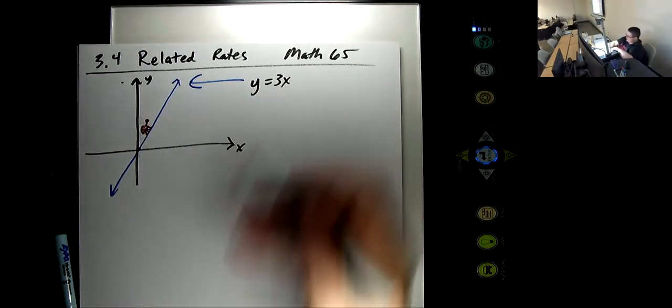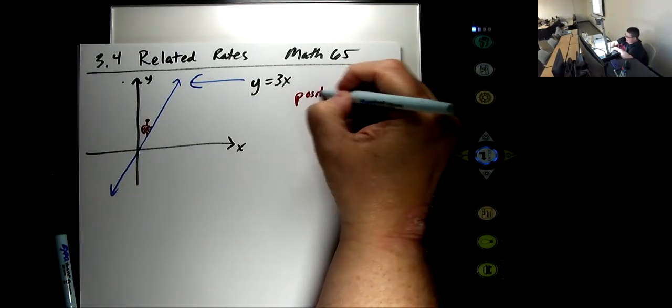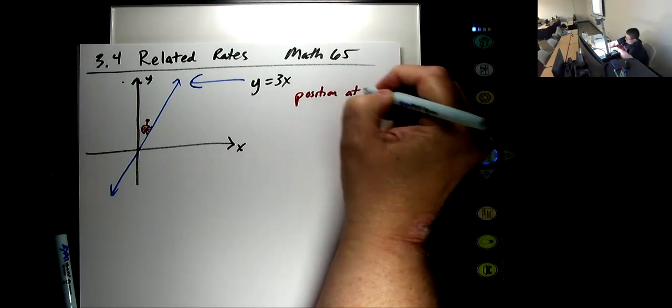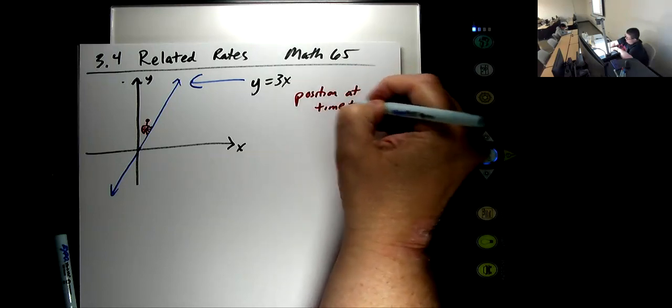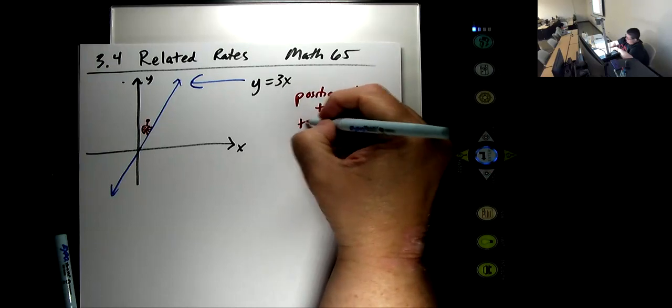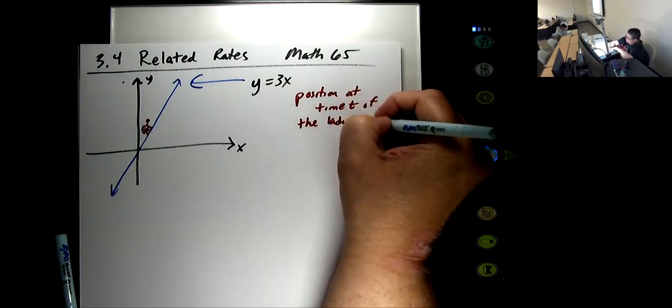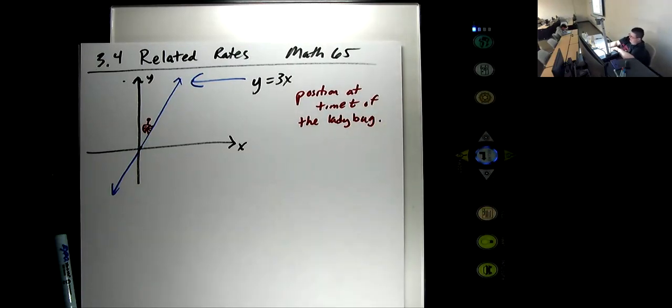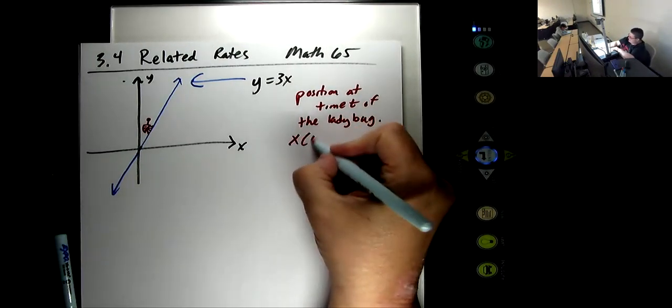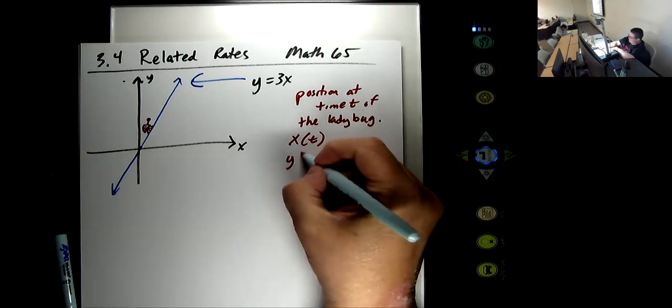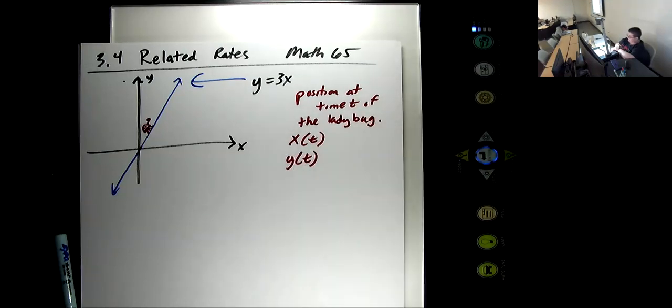And so your position at time t of the ladybug, the x will have a position related to t and the y will have a position related to t.